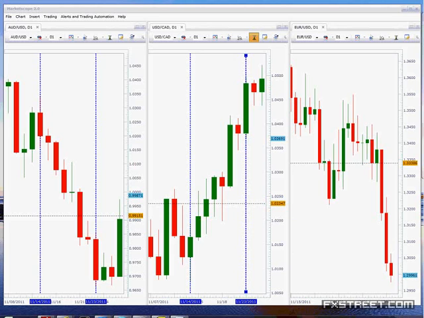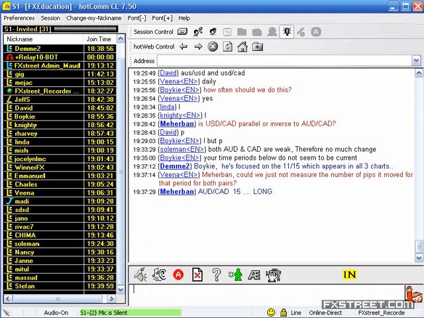So on the 15th, please don't type in what the charts are. So let me just type in Aussie CAD 15th, it should be long, because the CAD was far weaker. Okay, so that's what I say on that one.